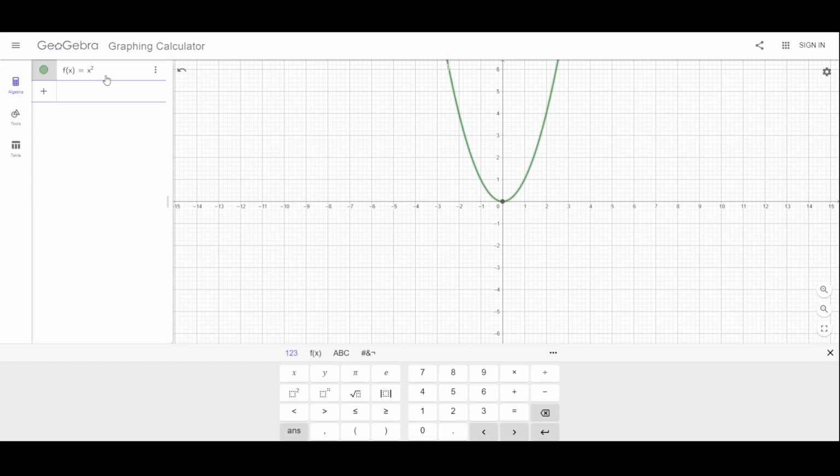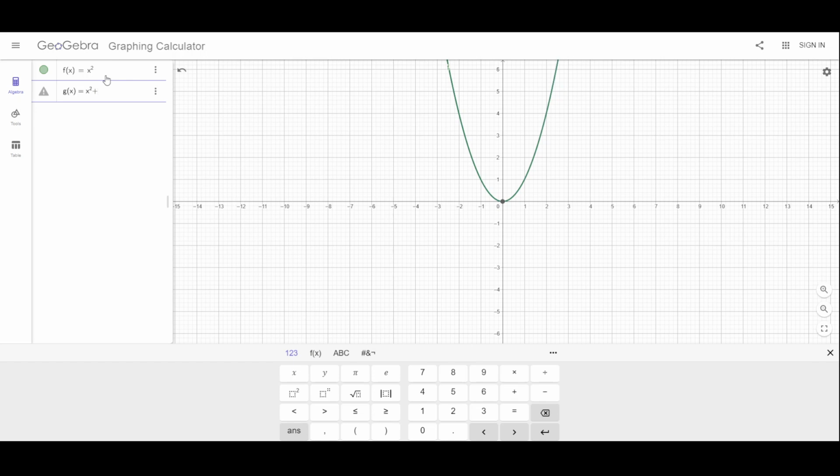So the question is, how can I manipulate this? How can I change this to still be a parabola but look slightly different? So what if we instead graphed a function like x squared plus 1? So how should that change it? Without actually putting it in yet, let's think what's going to happen here.